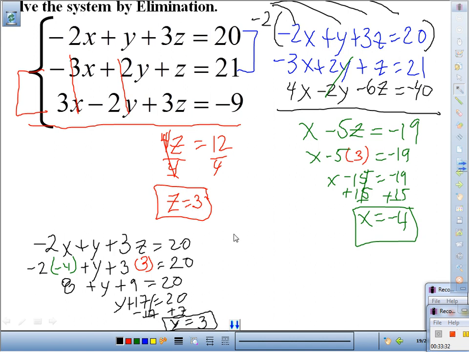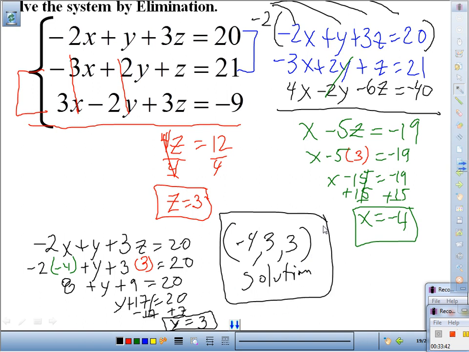Am I done? No. Solution: negative 4, 3, 3. Copy that. Woo! Let's go. We got the same thing as the first example. Yes, it's the same system.